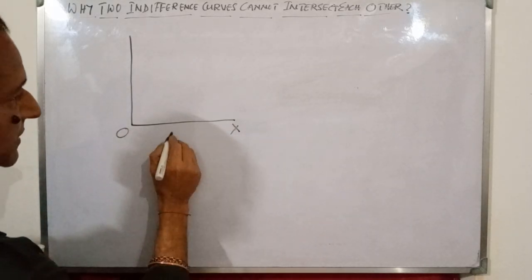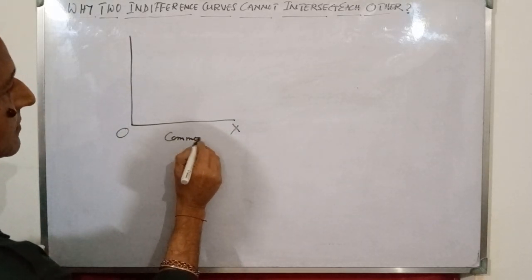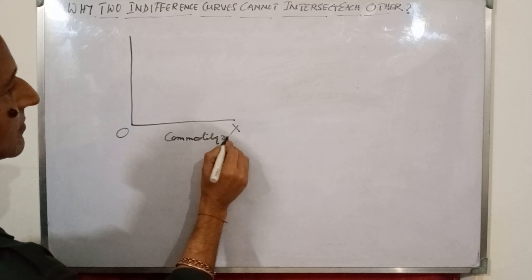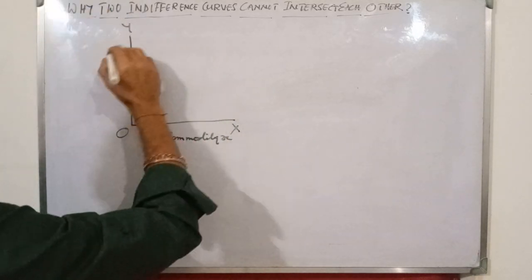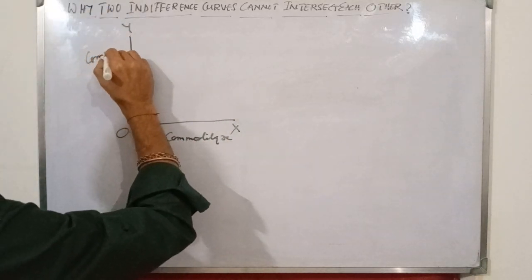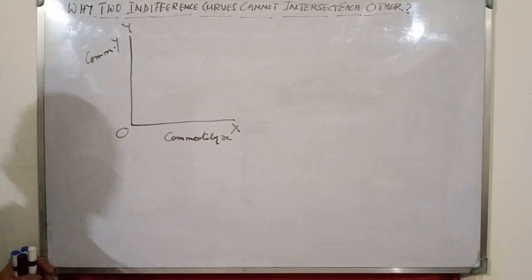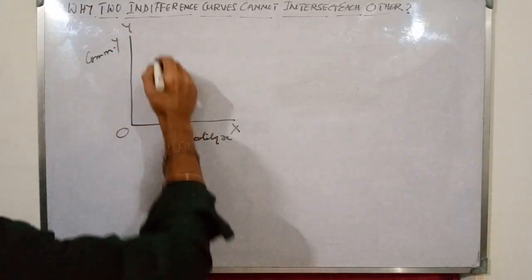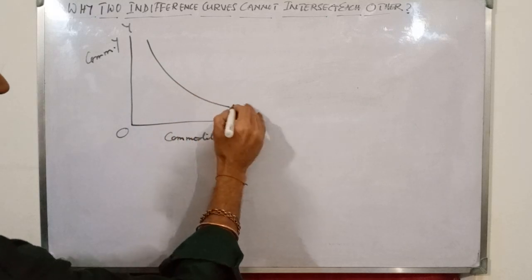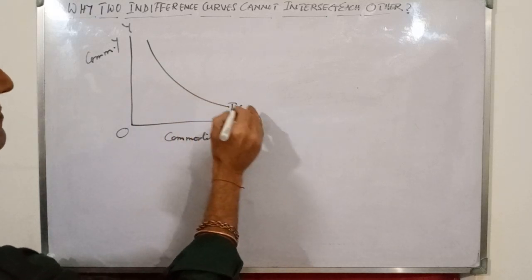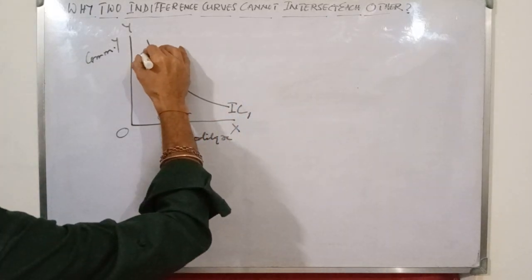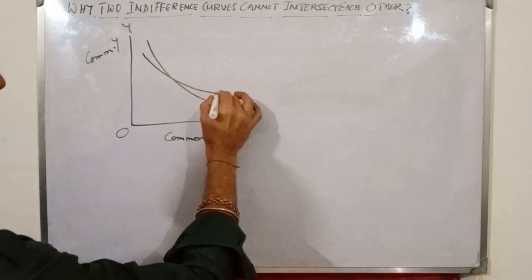On the x-axis we measure commodity X, and on the y-axis we measure commodity Y. Suppose this is IC1 and this is IC2.